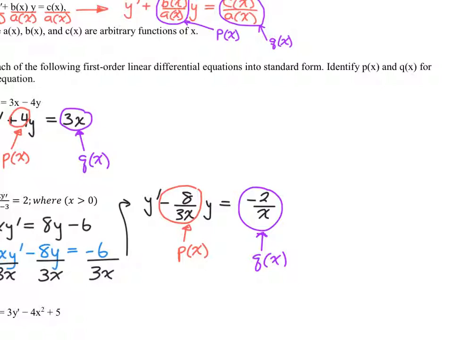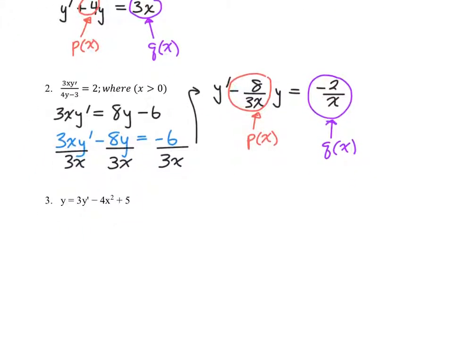All right, so number 3, again, the goal is to get all the y's on the same side. So one step, and I can do that. I'll just subtract the 3y prime. So I'll have negative 3y prime plus y is equal to negative 4x squared plus 5.